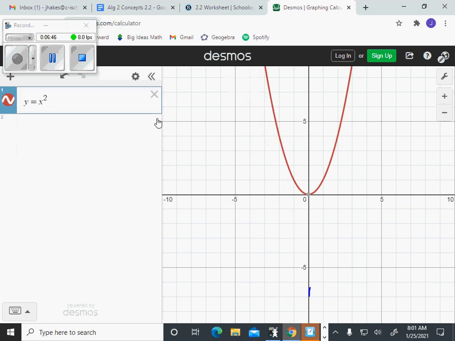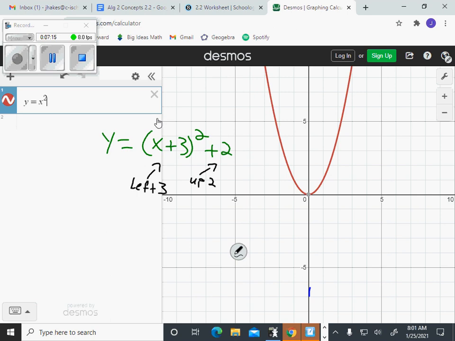Let's graph this one. Okay. Now I want you to think, where's that vertex going to move? You should say, right here, makes it go left 3 and up 2.